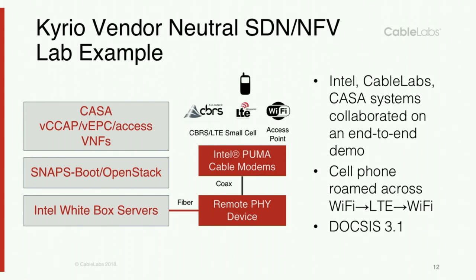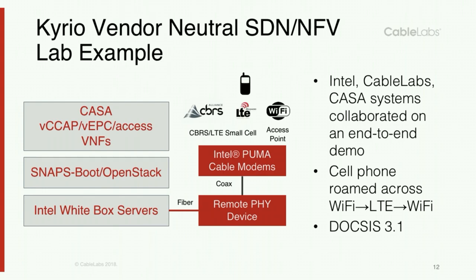These access technologies come from CASA Systems. They then feed into an Intel Puma cable modem through a coax connection that goes to a remote PHY device, which then converts it into Ethernet over fiber. That feeds to an Intel white box server, which is running SDN NFV services.